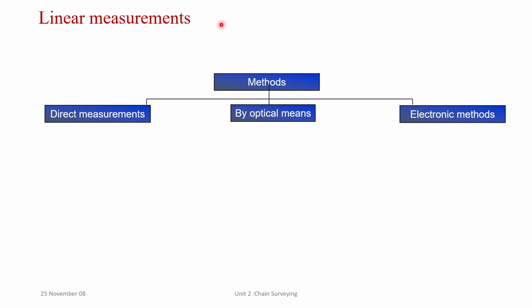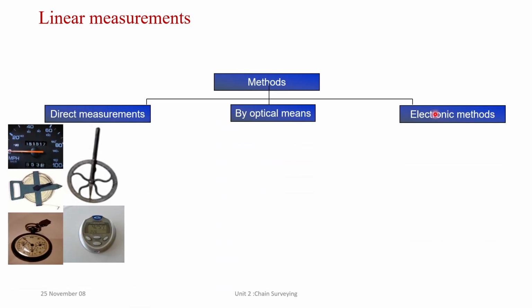There are three types into which we can bifurcate the methods of linear measurement: direct method, optical means, and electronic method. In direct measurement, we can use the tape or wheel.